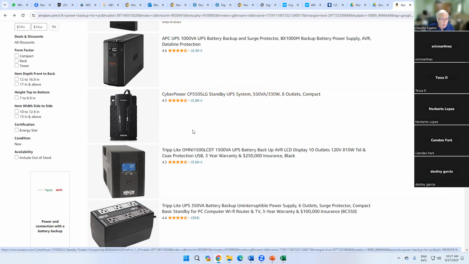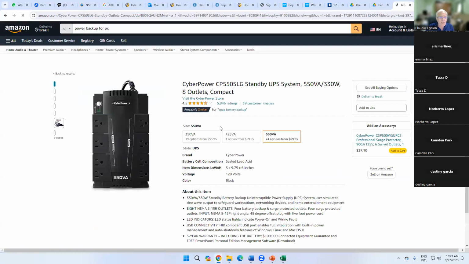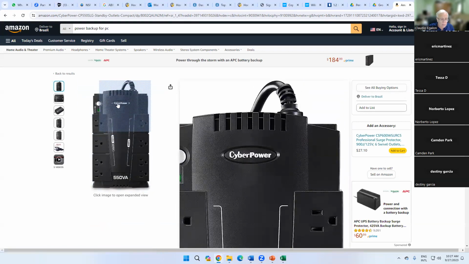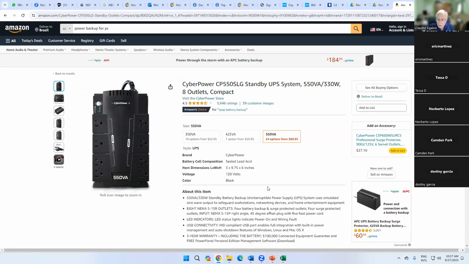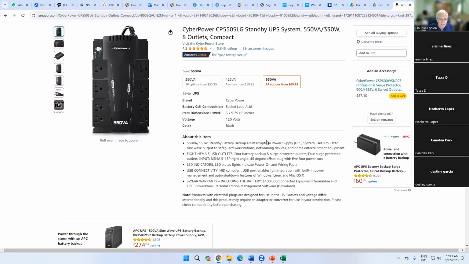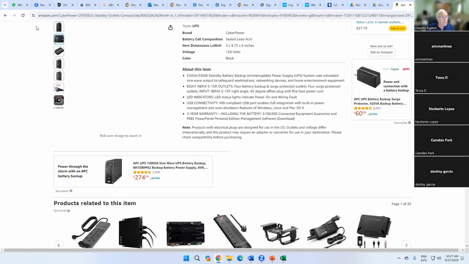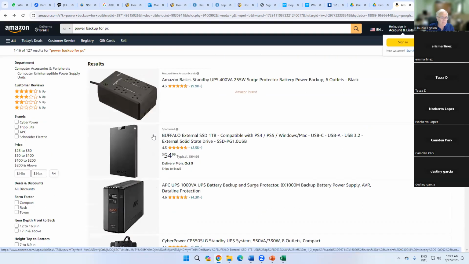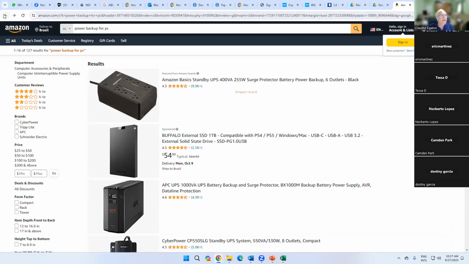Okay, yeah, it's a UPS, another one, 8 outlets. This one is how much? 69, but also it is a lower power device. See that? Has less juice in there. That's what I recommend, okay?